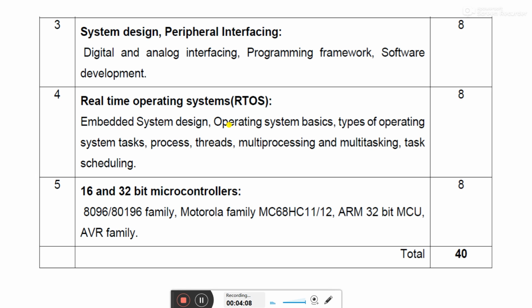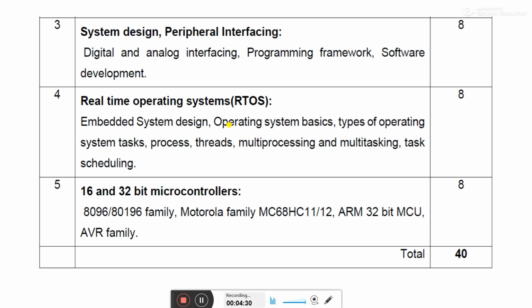In unit 4 we will learn about real-time operating systems, which are the operating systems used for embedded system design. As we use an operating system for our computers, similarly we can use an operating system for our small embedded systems.